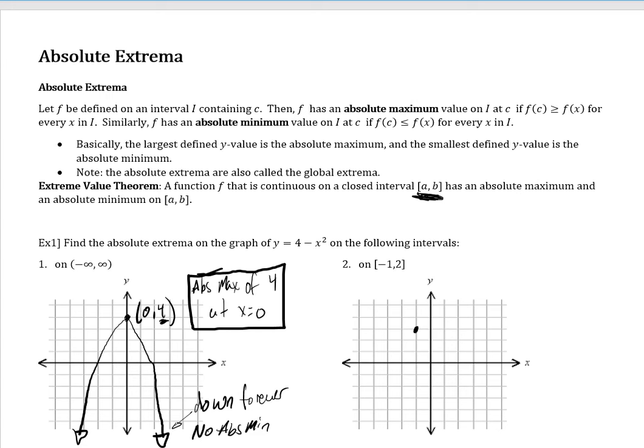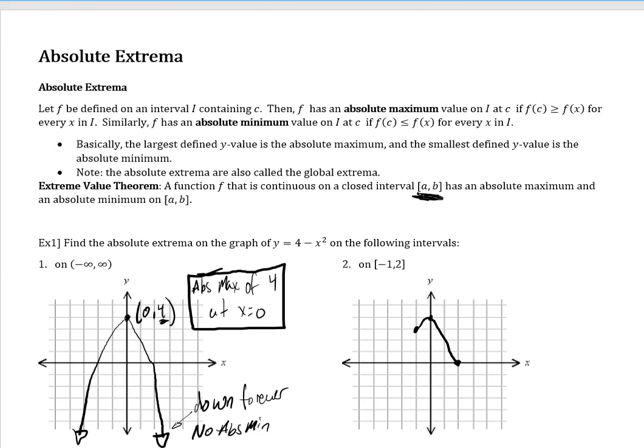And then at 2, if I plug 2 into this, it would be 4 minus 4 is 0, so that would be the x-intercept right there. And we already know it has the vertex up top like that. So from our previous picture, we have just a part of this graph. Our first graph had a domain that was all real numbers. This one, they want it restricted, so it's on a smaller interval.